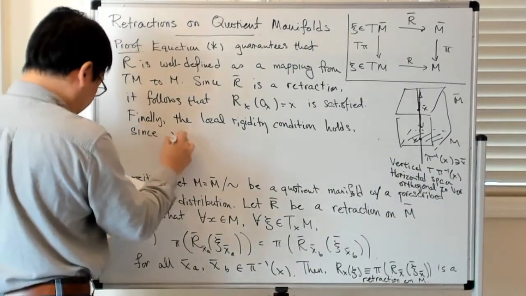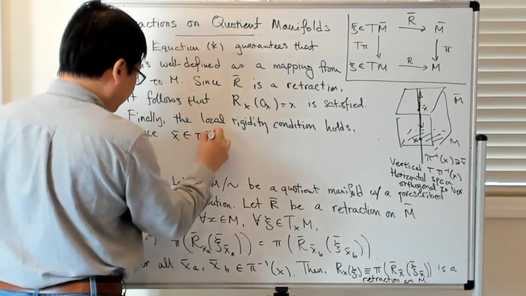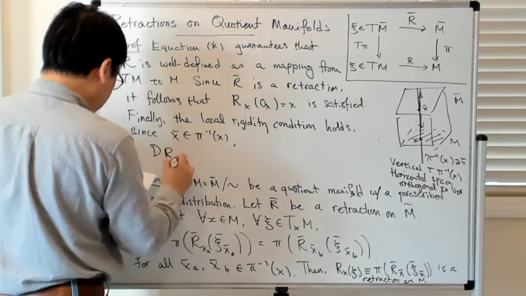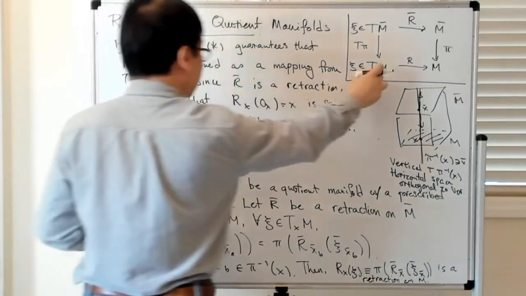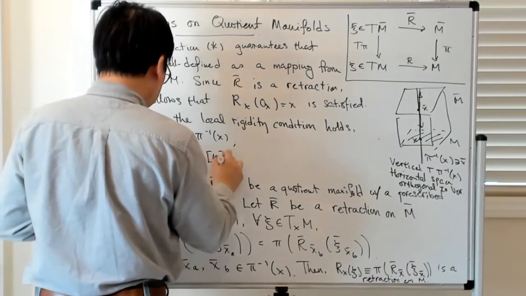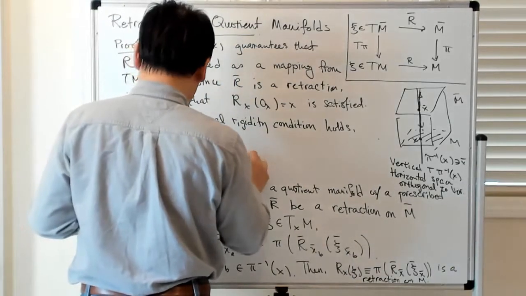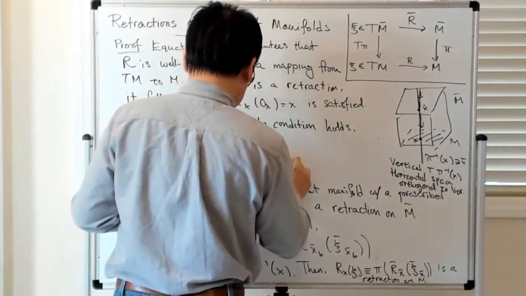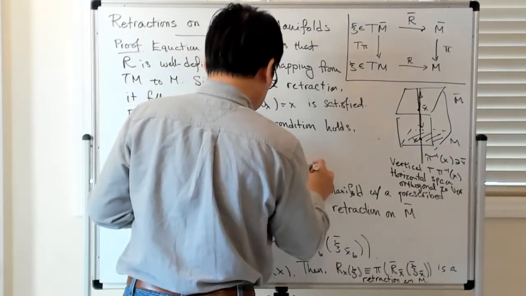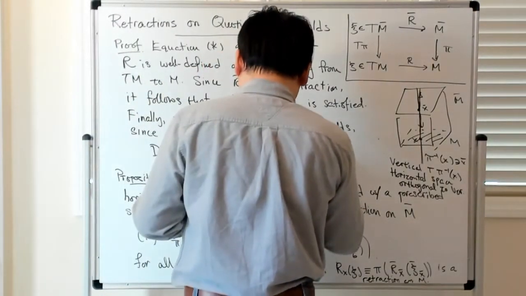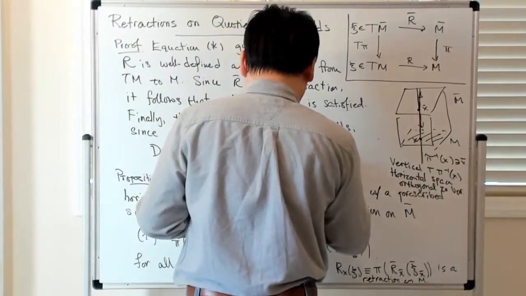if you have a point x bar in the fiber, then the linearization of this retraction in a certain direction is equal to d pi x bar composed with the, so I'm just basically applying the chain rule carefully.